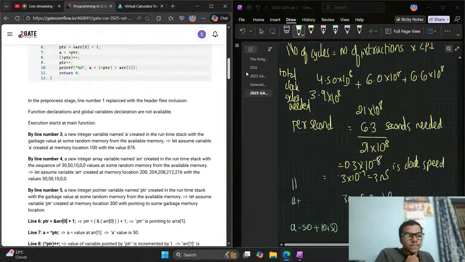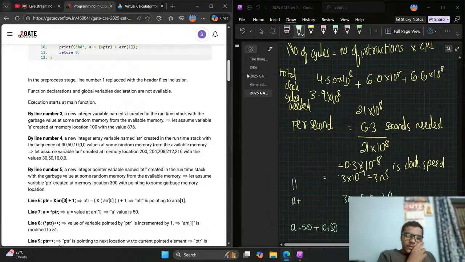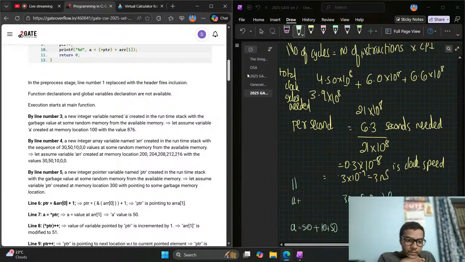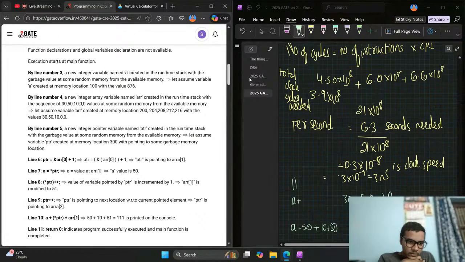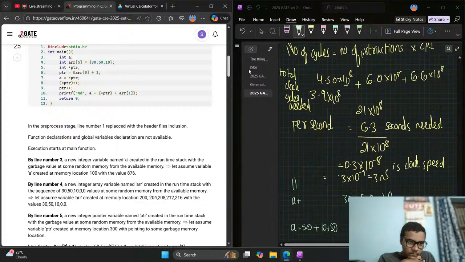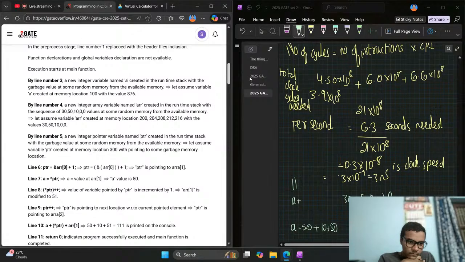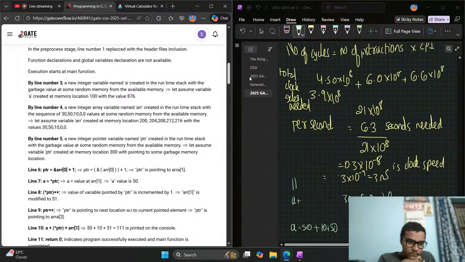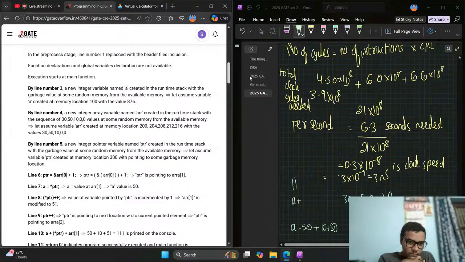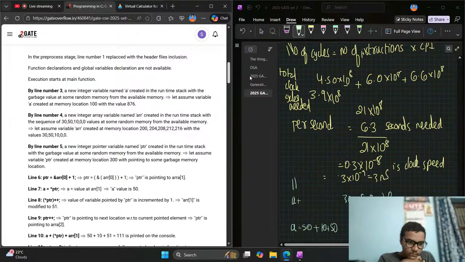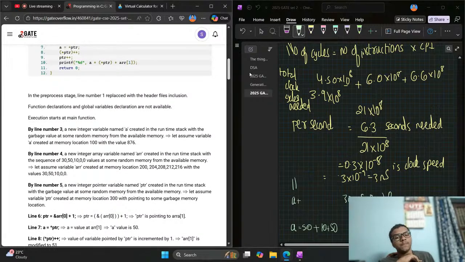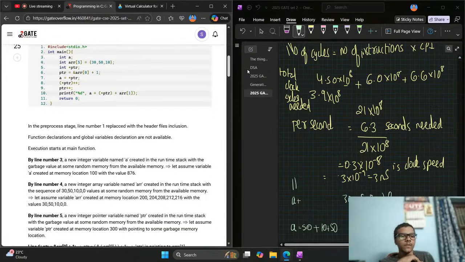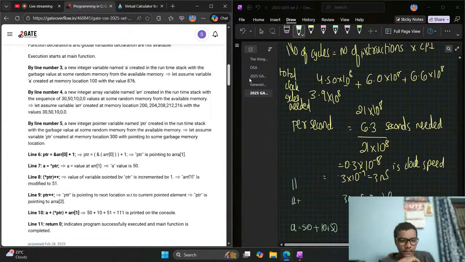A new integer variable named integer pointer variable. Okay. Array of 1.